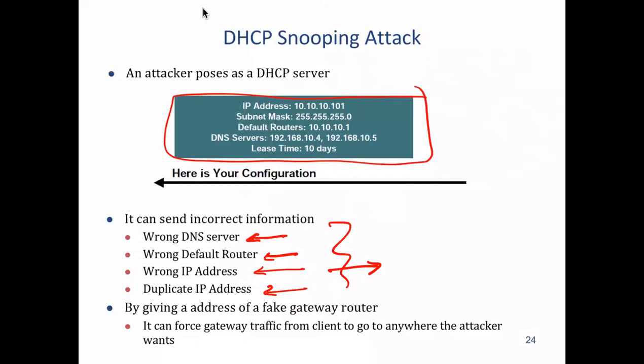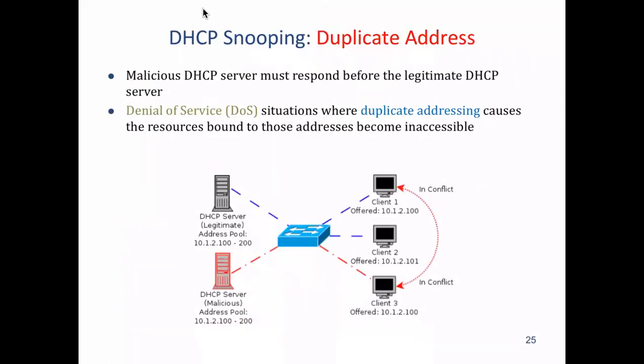The simplest is a fake gateway router: if Alice's IP packets have to go to the outside world, they will go to a fake router, which will look at all the data. A duplicate address attack is where the malicious DHCP server gives an IP address that is already in use.